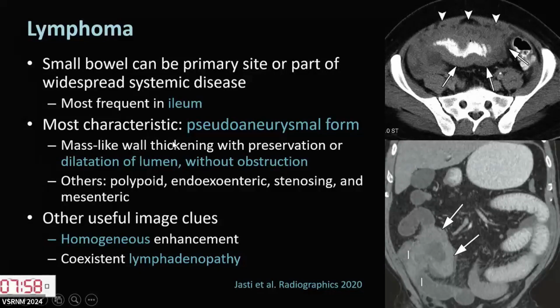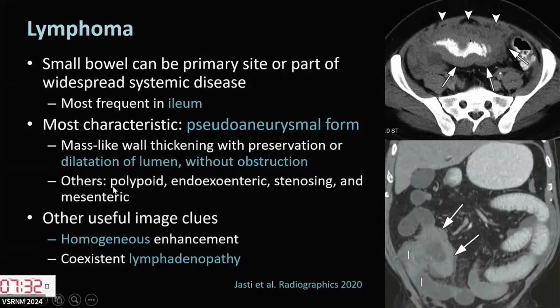There are many forms of image appearance. The most characteristic form is the pseudoaneurysmal form. It's a mass-like wall thickening with preservation or dilatation of the lumen, so that's why it's called the pseudoaneurysmal form. It will not cause obstruction. The lumen is dilated, as you see in this one.